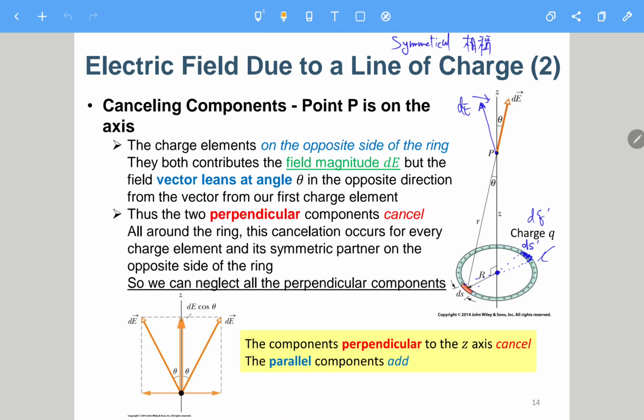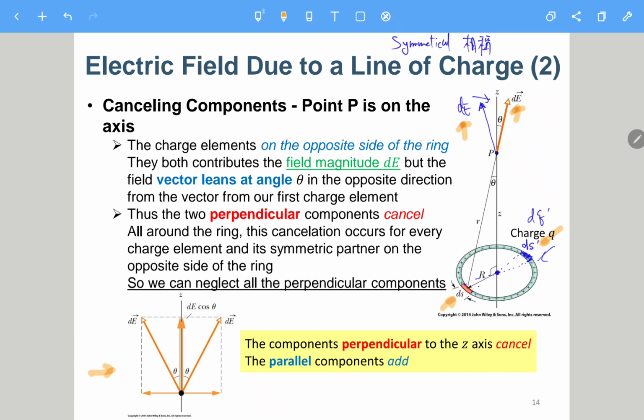Okay, as much as this is uniform, if this ds and this ds prime have the same length, then dq and dq prime will be the same amount, which means that this dE and this dE should have the same magnitude, although they point in different directions. Here we consider the cross section through the z-axis.